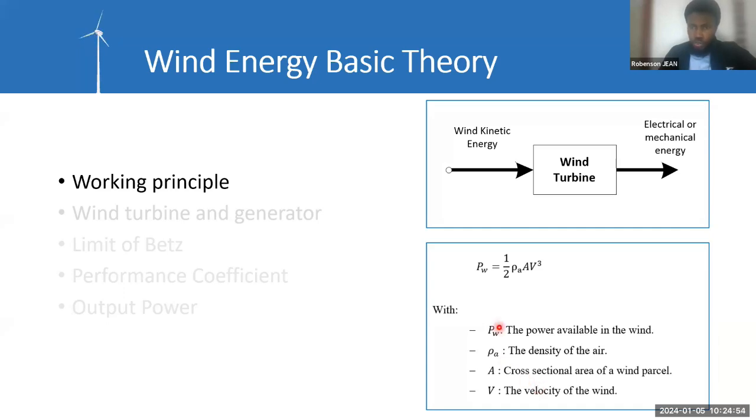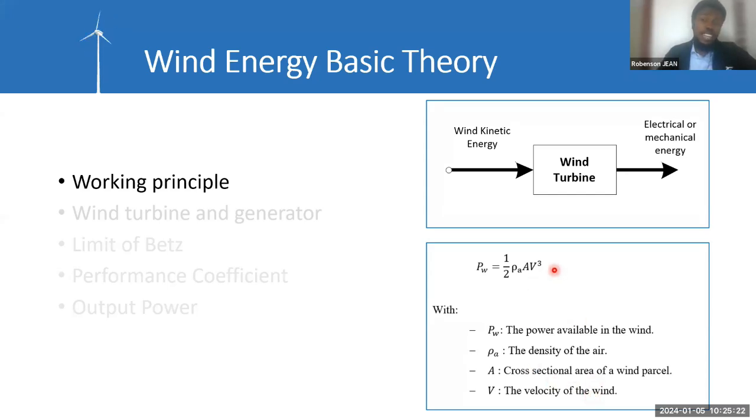The power available in the wind that is going through this control volume is given by 1/2 the density of the air times the cross-sectional area, times the cube of the velocity of the wind.